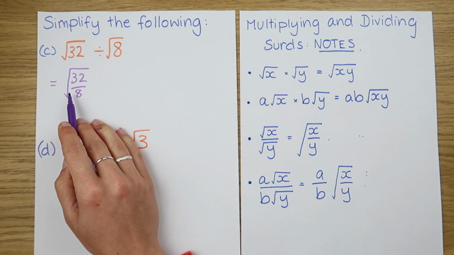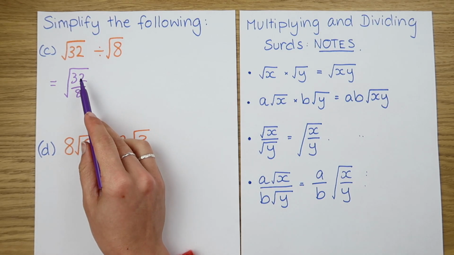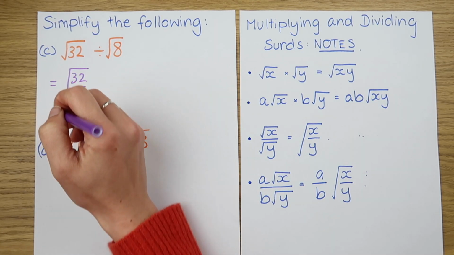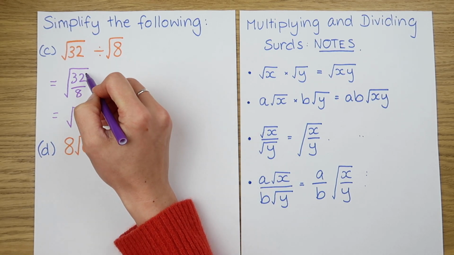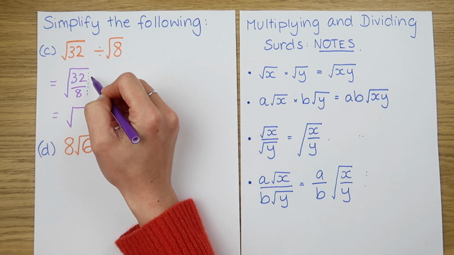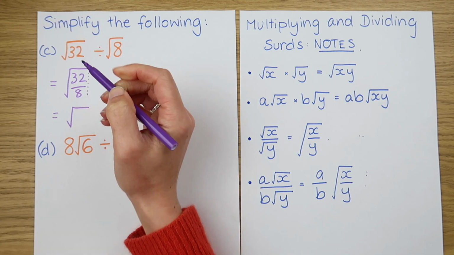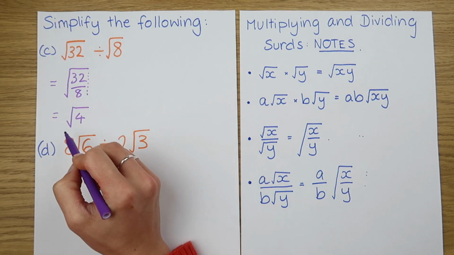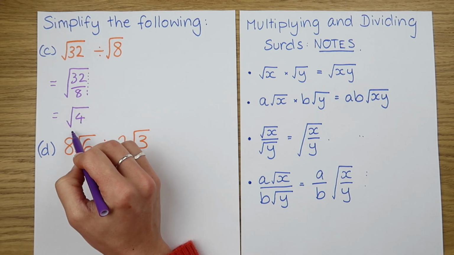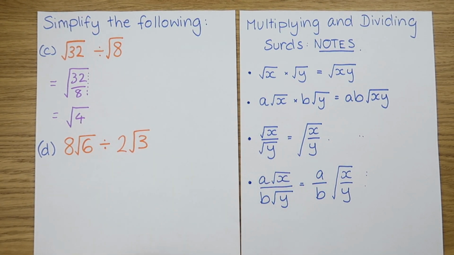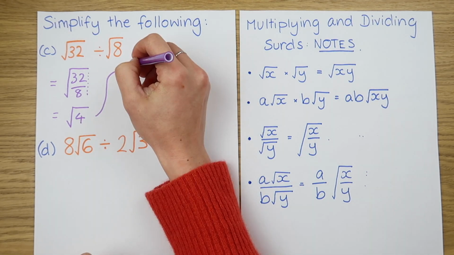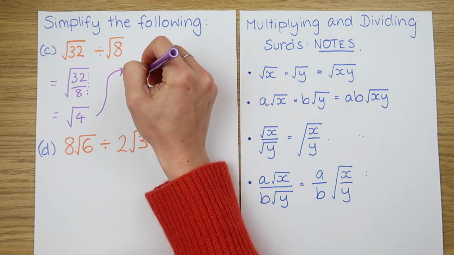The square root of 32 over 8 stays as the square root, and then underneath the surd, I simplify 32 divided by 8. So that is 4. Now, since I can simplify this further because we can calculate the square root of 4 as a whole integer, my answer is 2.